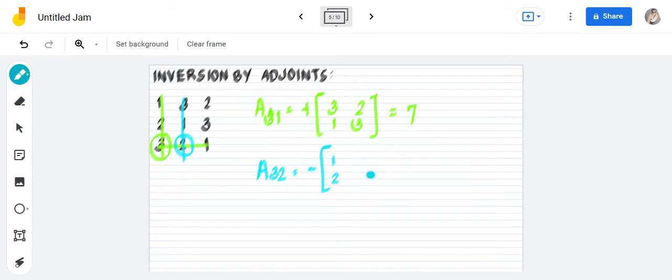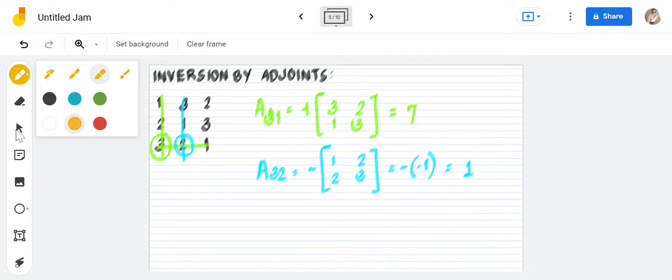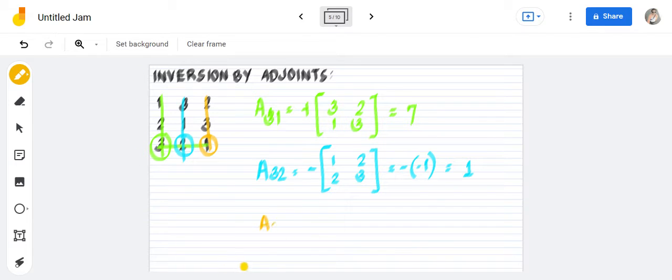So that is 1, 2, 2, 3. It's equal to 3 minus 4, that's negative 1, times negative, that's 1. And lastly, we have A33. That's positive. So you have 1, 2, 3, 1, or that's 1 minus 6, that's equal to negative 5.